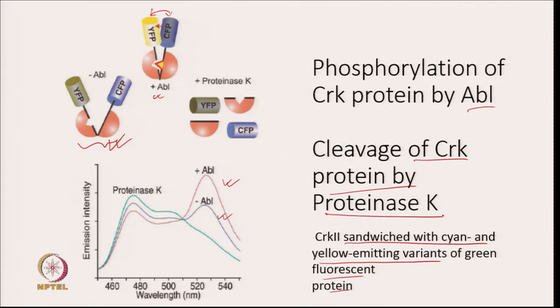If you put proteinase K into this CRK2 sandwiched with YFP and CFP, it will cut the two parts, and YFP and CFP will come out.